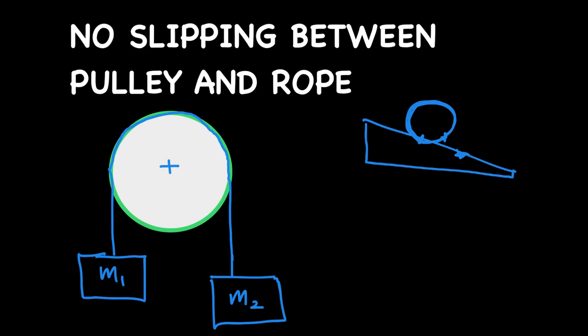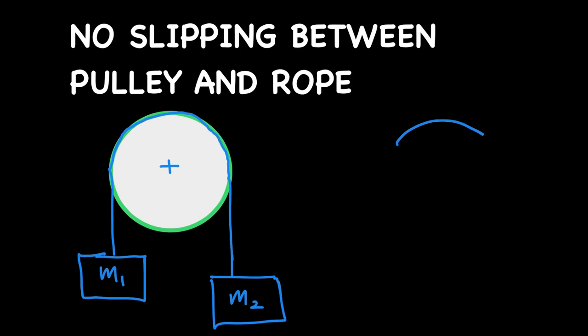So what does this mean? This means that since there is friction, the pulley will be rotating. Let's say the pulley is rotating with an angular velocity, call it little omega.